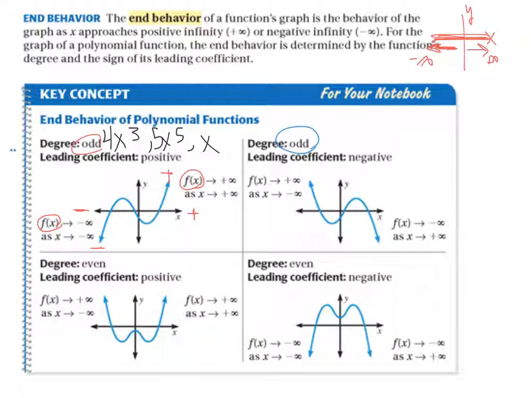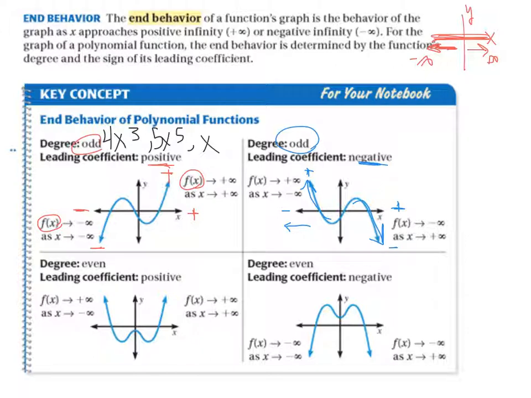When it's odd and a negative leading coefficient, instead of a positive one, it's a negative one. As x approaches negative infinity, the function or the curve approaches positive infinity. So as x is going in this direction, our curve is going up. As x is approaching positive infinity, our curve is going down to negative infinity.